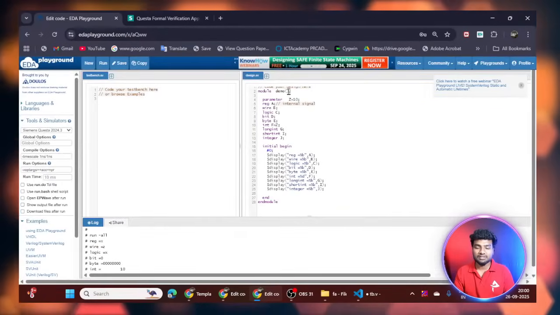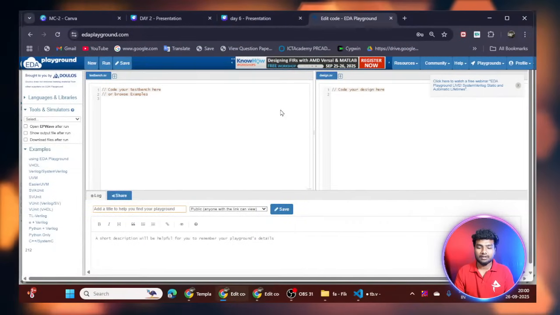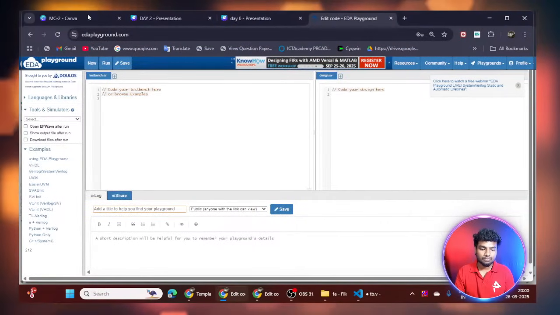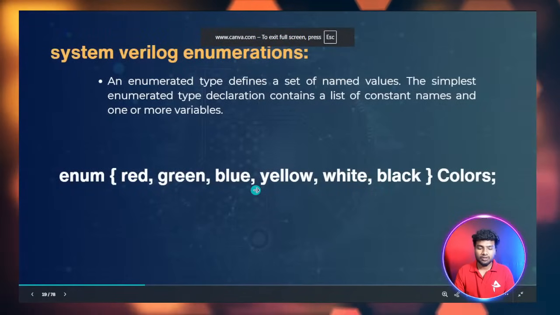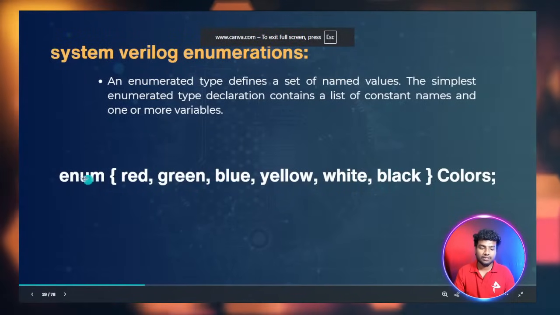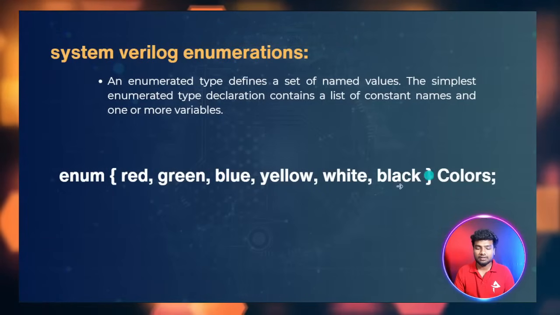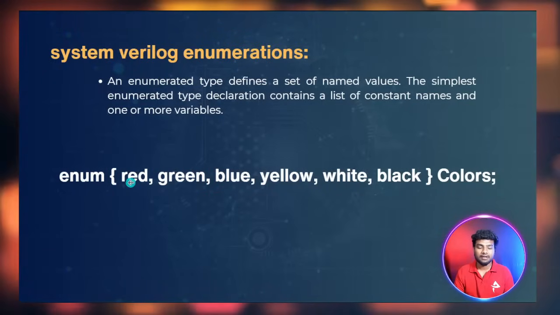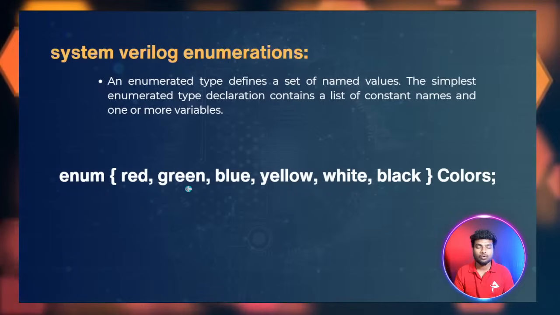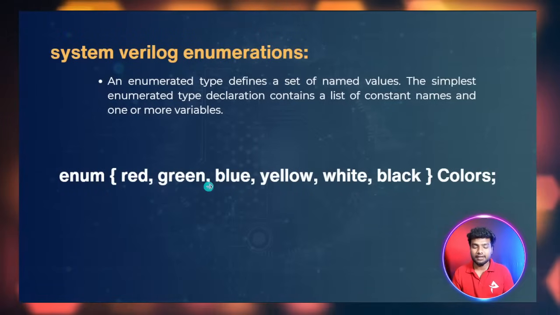Enum functionality is the same as a parameter, and the syntax looks like this. Enum, inside the curly brackets we can declare enum constants, which you can assume like variables: red, green, blue, yellow, white.